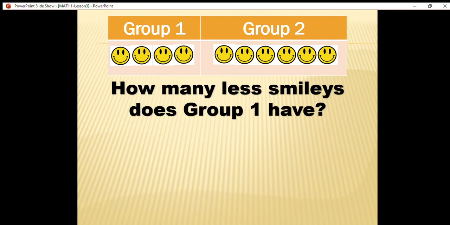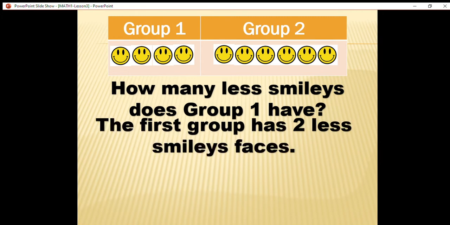So we have here the question, how many less smiley faces does group 1 have? Okay, very good. The first group has 2 less smiley faces.